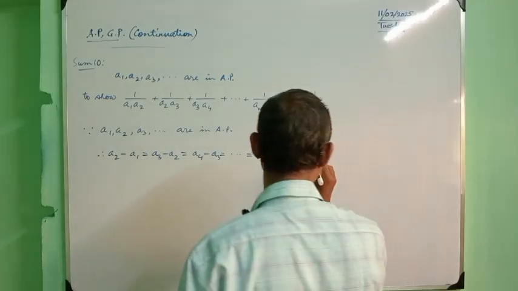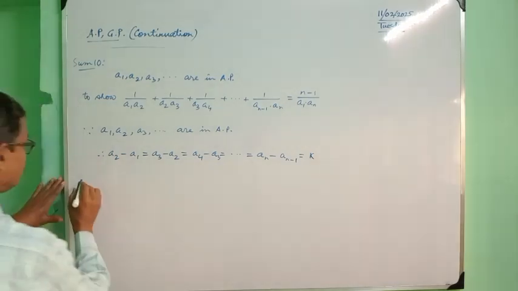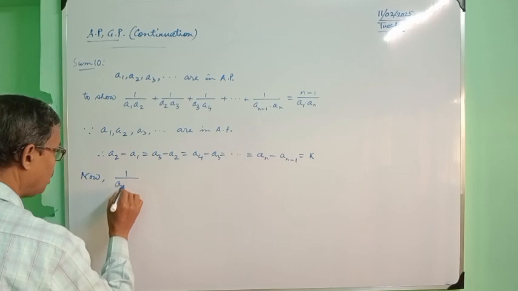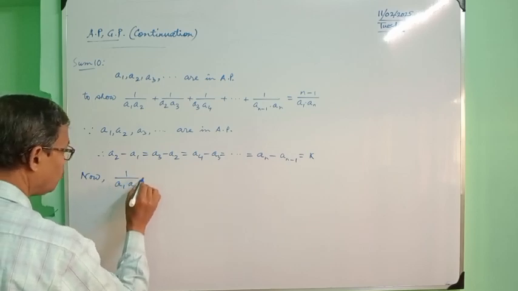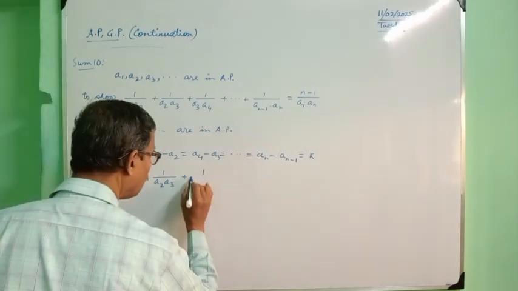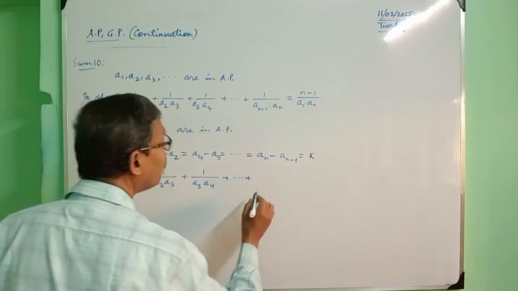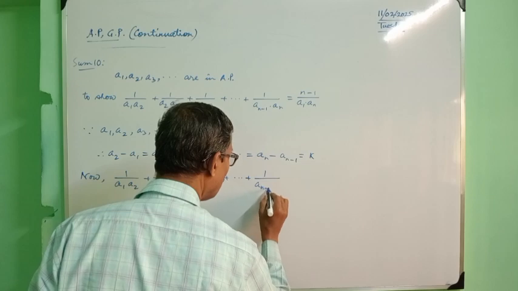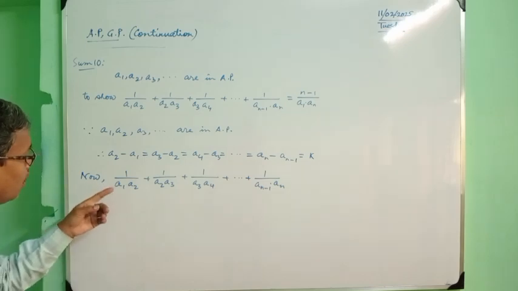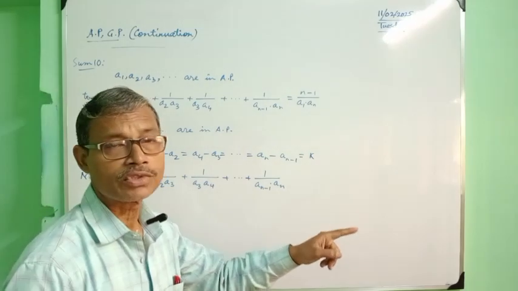I take like this, and let the common difference be k. Now 1 by A1 A2 and so on. We see each denominator is a product of two successive terms.